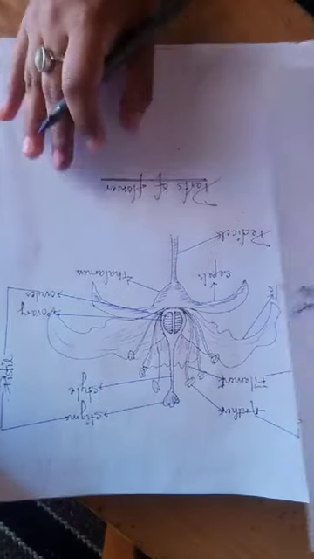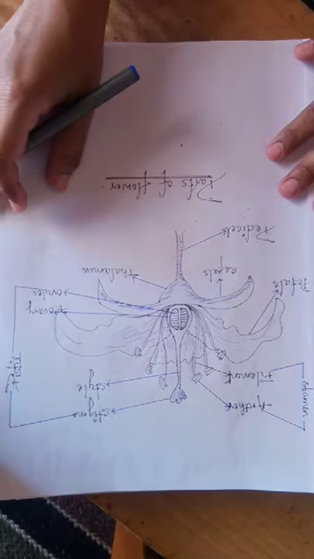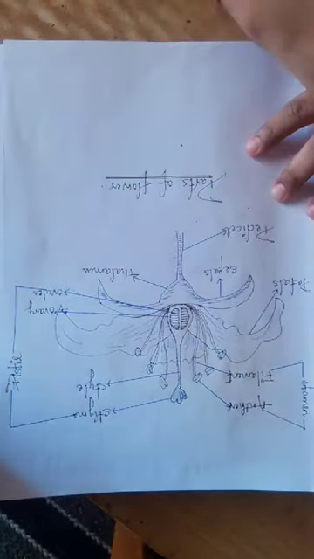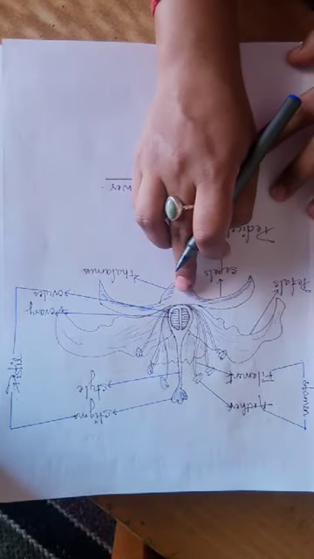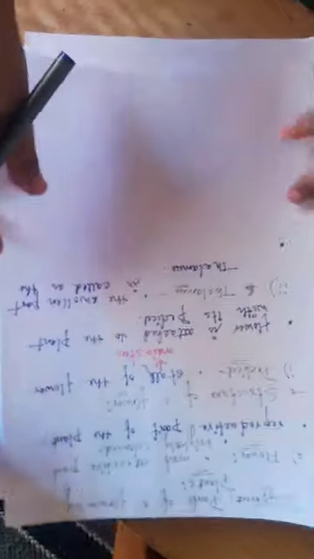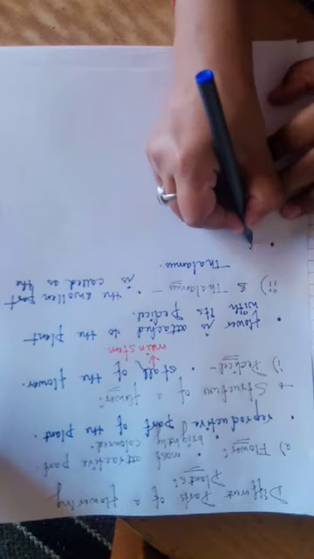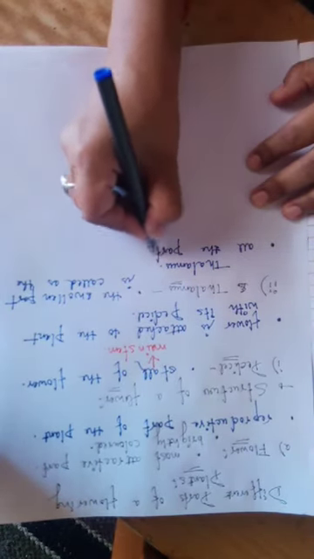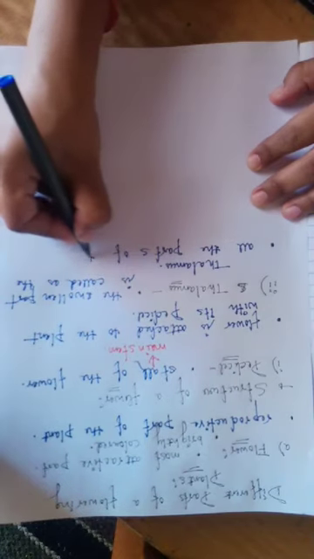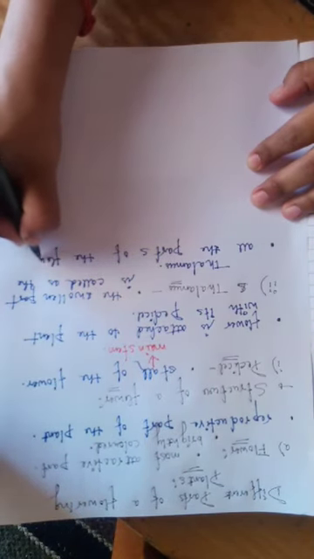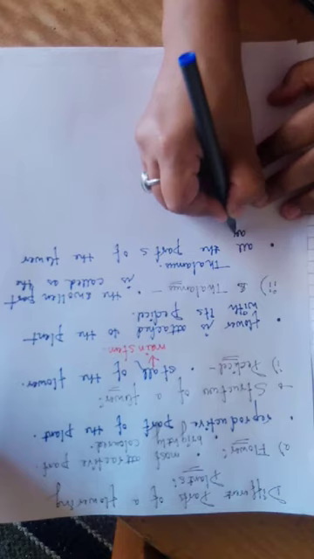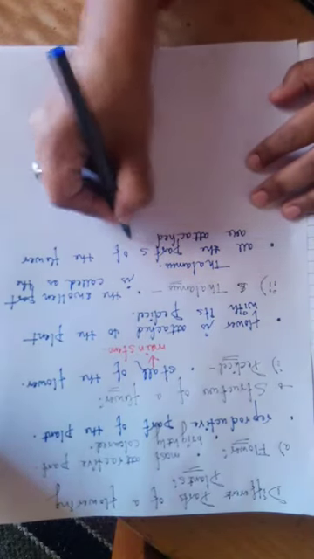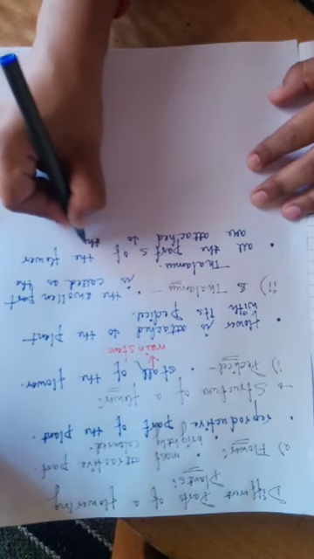Also, as you might have observed from this diagram, all the other parts of the flower are attached to this thalamus.